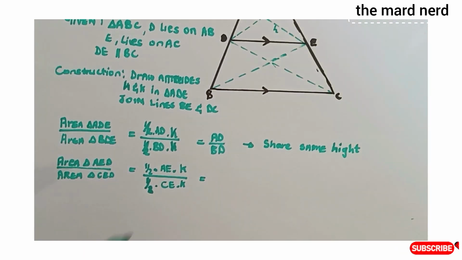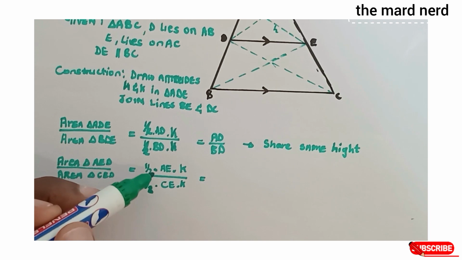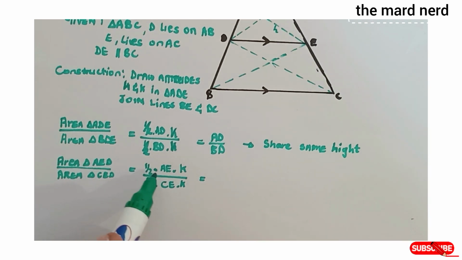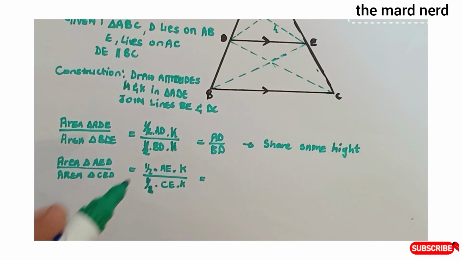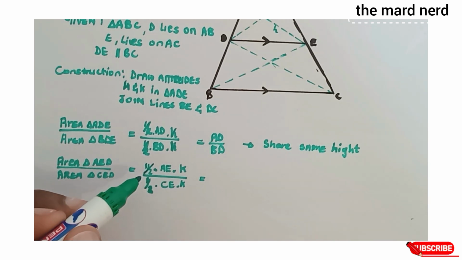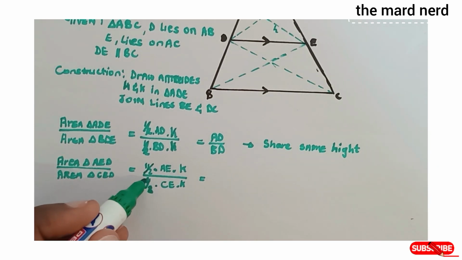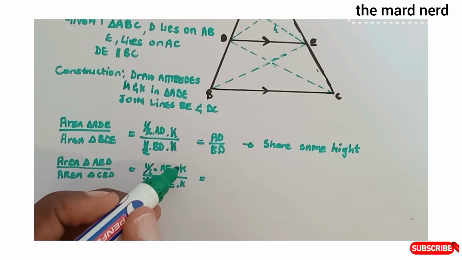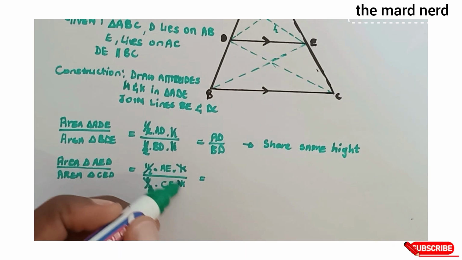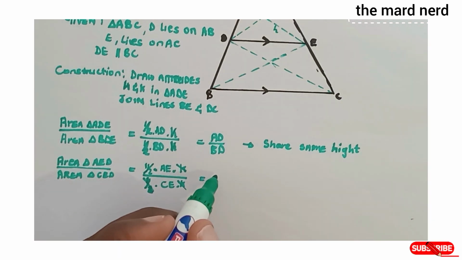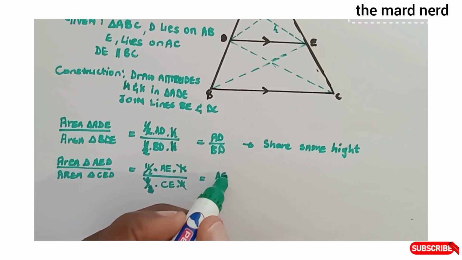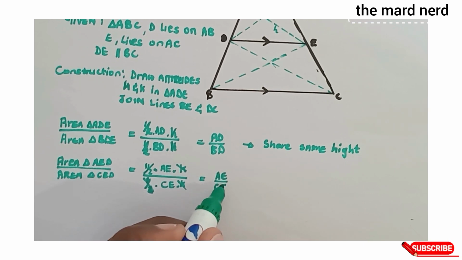So now what you can do is cancel out, because half multiplies AE multiplies k. Since they multiply, we can cancel them out, and over here we have a k, we can cancel them out, and then we are left with AE over CE.